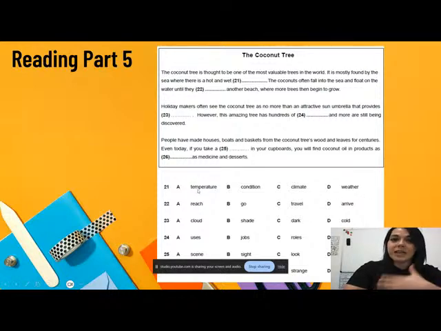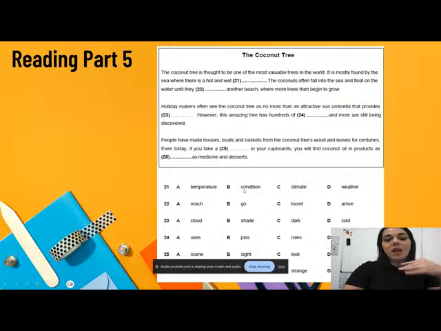Now, I would eliminate temperature because temperature can be hot, but temperature cannot be wet. Condition, a hot and wet condition. We do not use condition in this context to talk about weather. We could say weather conditions with the S in plural, but a condition, no. Climate, I would say, is a good option in this case.